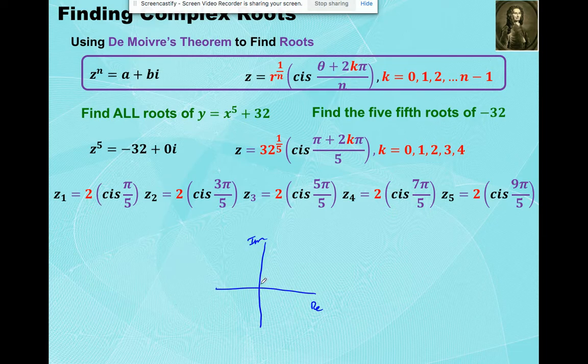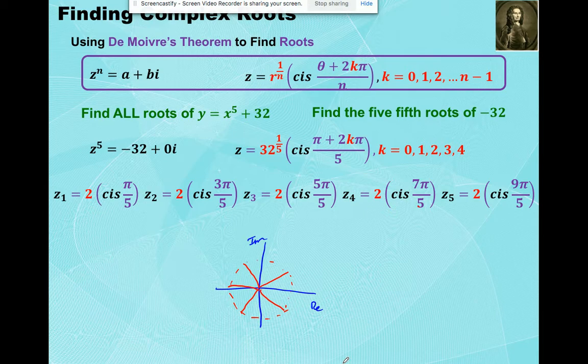And then I would have a first quadrant, a second quadrant, -2 with a 0i, a third quadrant, and a fourth quadrant.